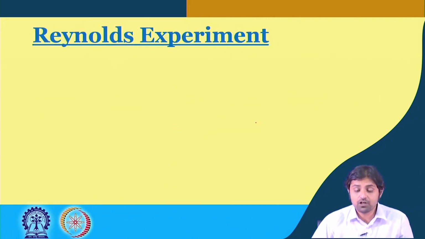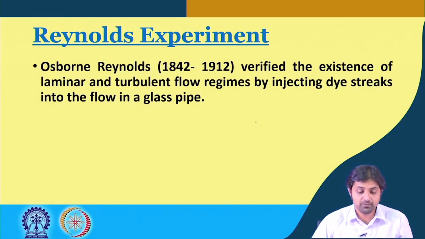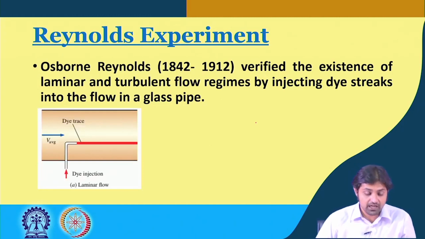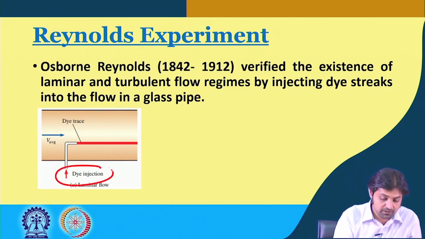When we talk about turbulent flow, there is an important mention of Reynolds experiment. Osborne Reynolds verified the existence of laminar and turbulent flow regimes by injecting dye streaks into the flow in a glass pipe. He introduced a dye tracer, injected from here.